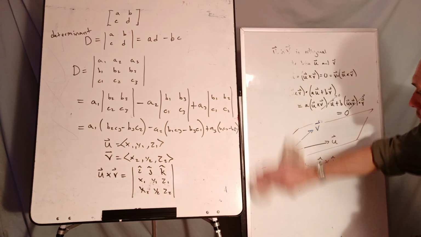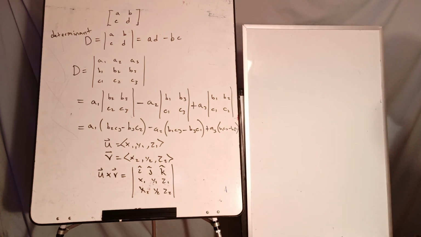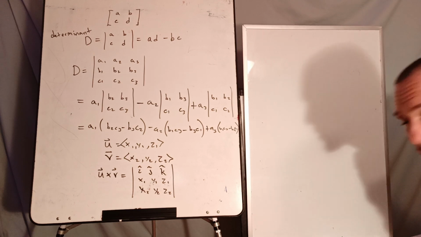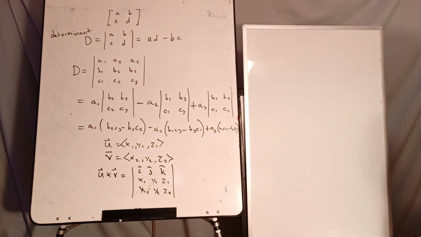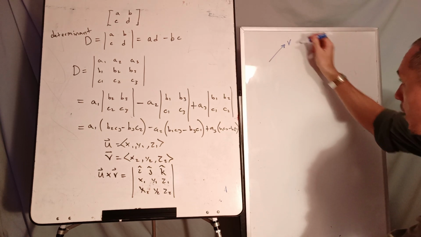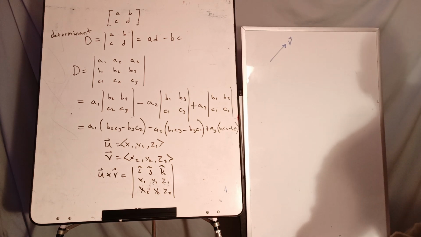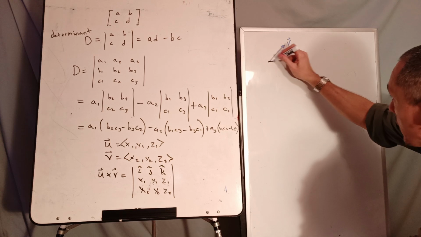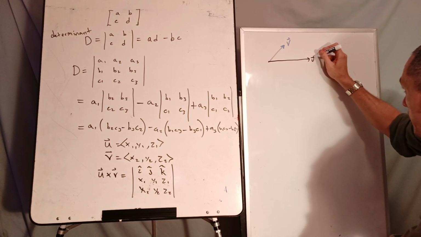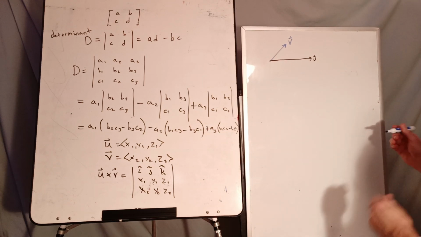Okay, we're almost there. There's only a couple more things that I want to say. One is about another geometric property of the cross product, which is that it does pertain to an area. So if I have, for example, V like this, U some other vector like this, then they naturally make a parallelogram, right?